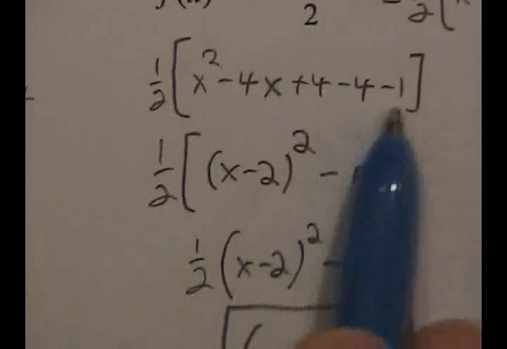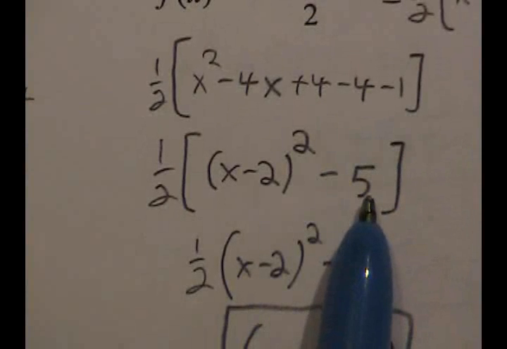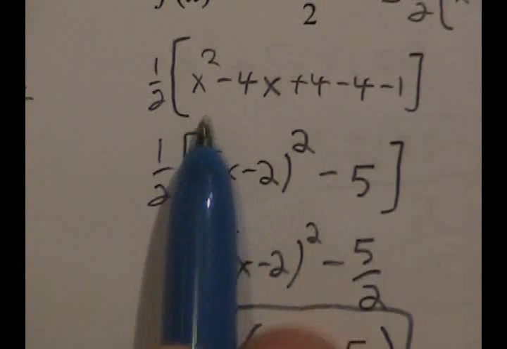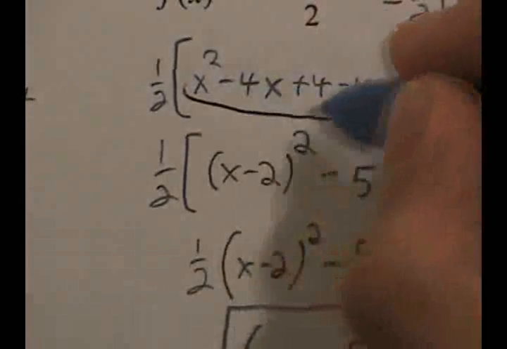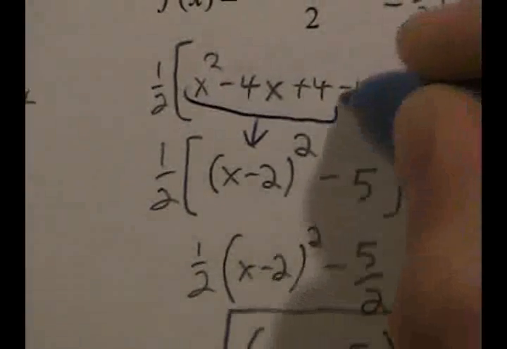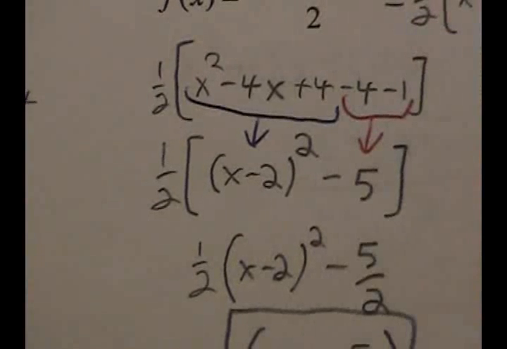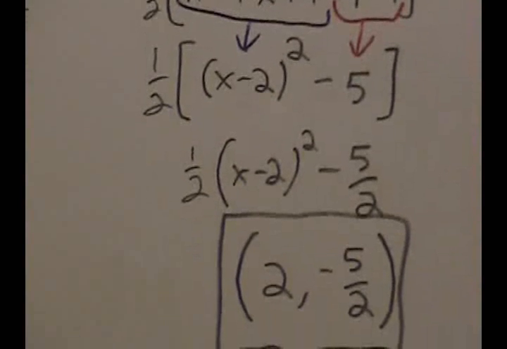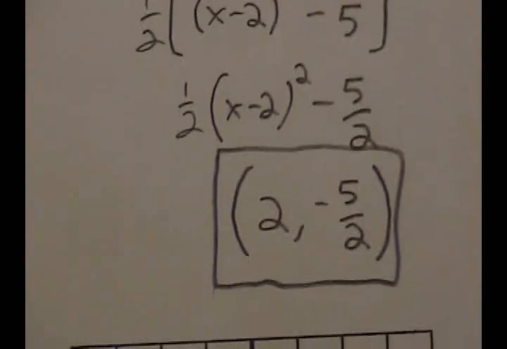In this case, it's nice because the 4 and the -1 combine nicely into the -5. The first 3 automatically factor into that. These combine for this, and then finally put the 1/2 back in. So the vertex is at 2 minus 5/2.